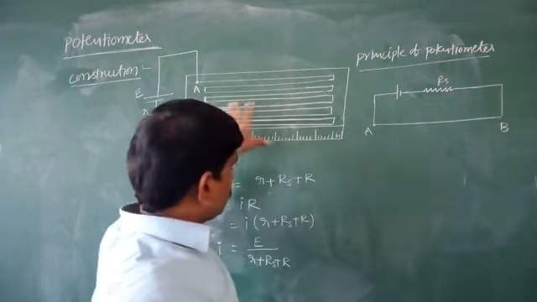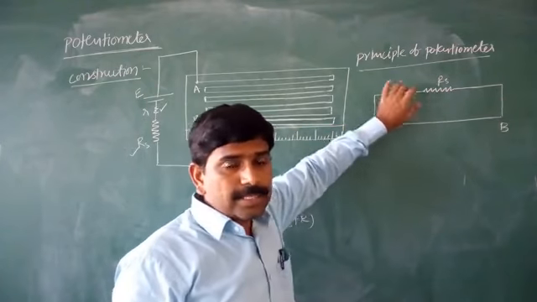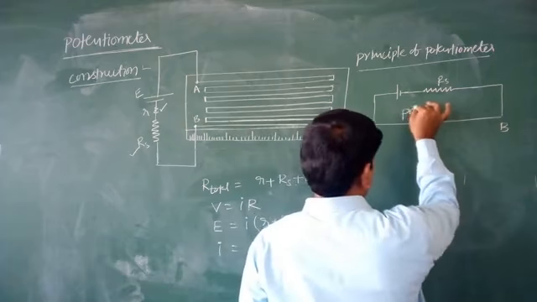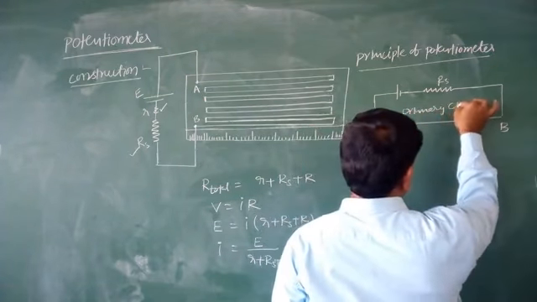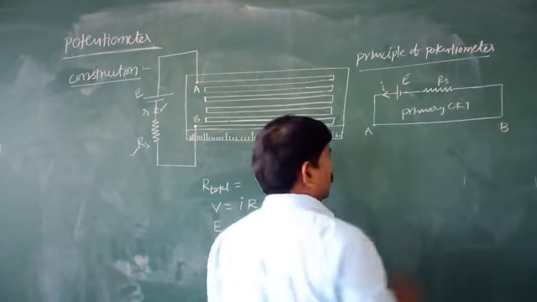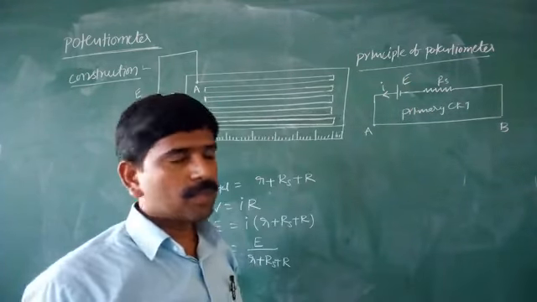We are not representing the internal resistance, no need. This whole circuit we call the primary circuit. The EMF of the battery is E, and the current is I amperes.